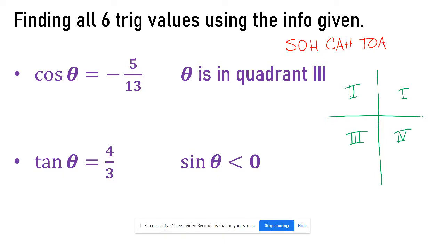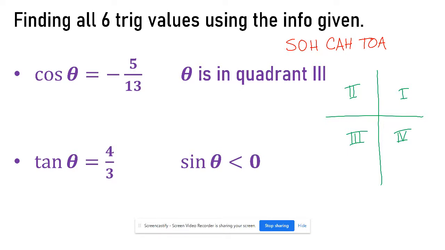The idea is that to find sine, cosine, and tangent of an angle, you can always make a right triangle. The sine of the angle is the opposite side over the hypotenuse. Cosine is adjacent over hypotenuse, and tangent is opposite over adjacent.